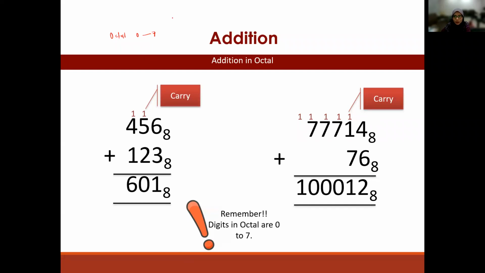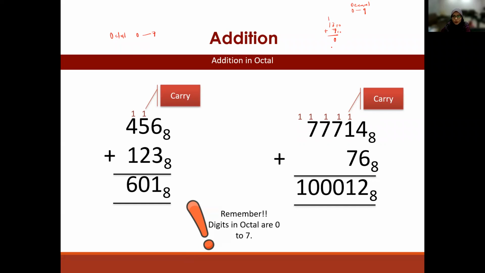Same goes if you want to add two decimal numbers. For example, 13 plus 7. We know that the range for decimal numbers is from 0 to 9. So 3 plus 7 is equal to 10. What we need to do is put 0 here and carry 1, because 10 is more than 9.